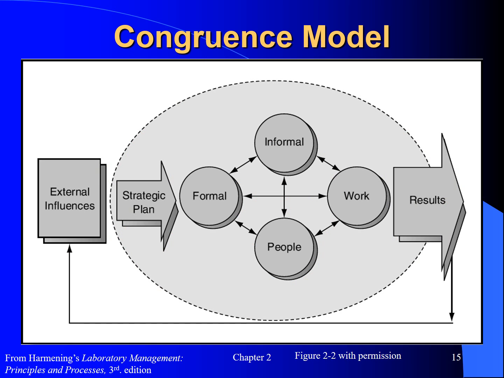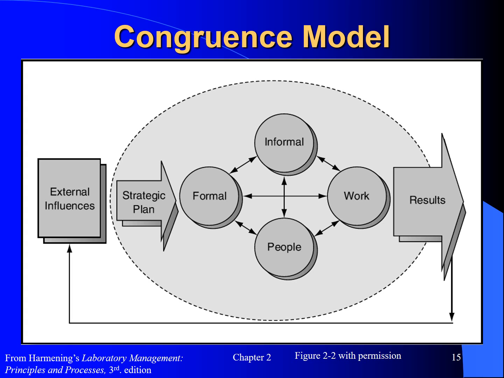In this figure, a congruence model shows the organization as an open system. The following components are represented and their interrelationships are known as arrows. Work: the tasks performed to provide the products or services.